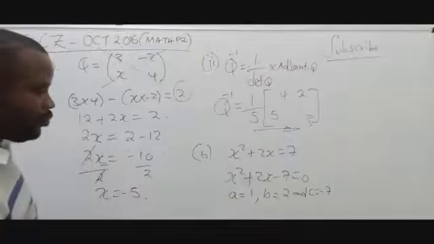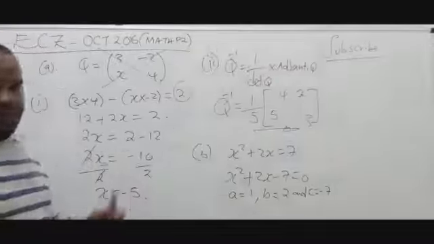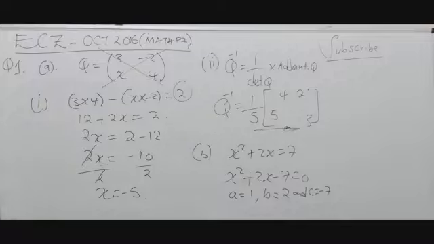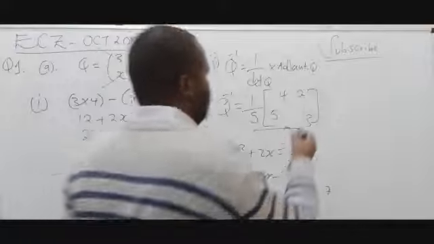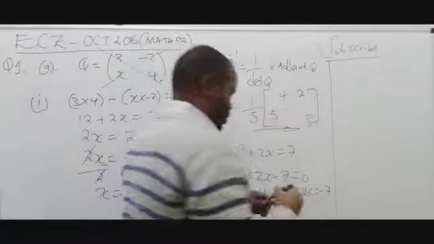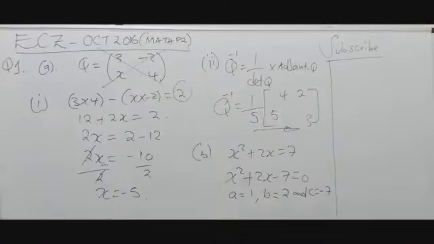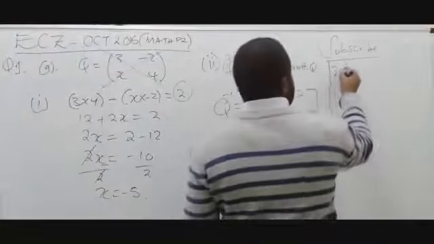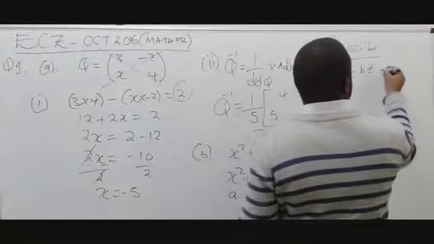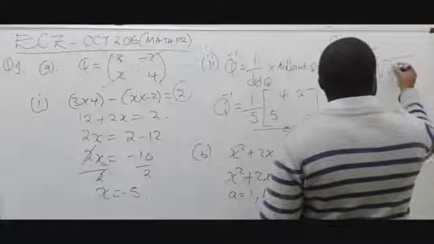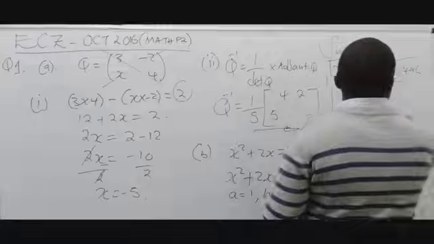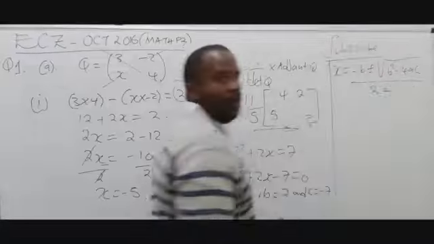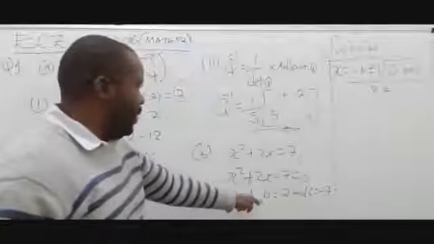So from here now you use the formula, which is x is equal to negative b plus or minus the square root of b squared minus 4ac, everything divided by 2a.